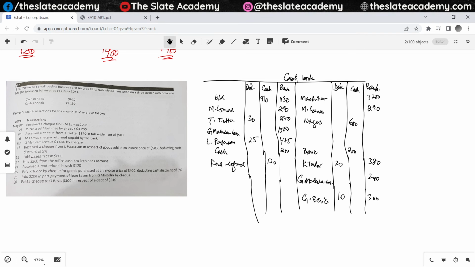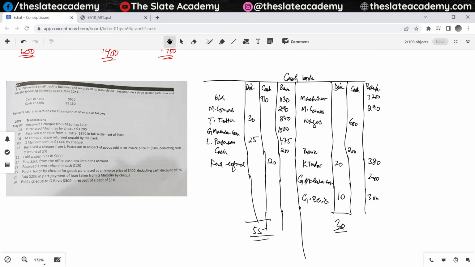Now the sum, discount columns easiest to do, so 55 for this one and 30 for this one. Cash is okay, again easy. 910 and 120.